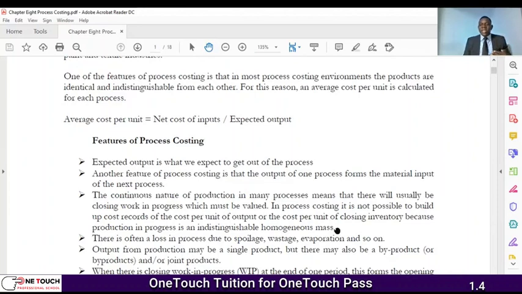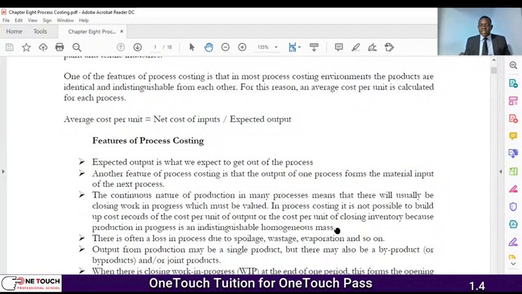Because the production process is repetitive and continuous, the nature of the production in many processes means that there will usually be a closing work in progress, which must be valued.